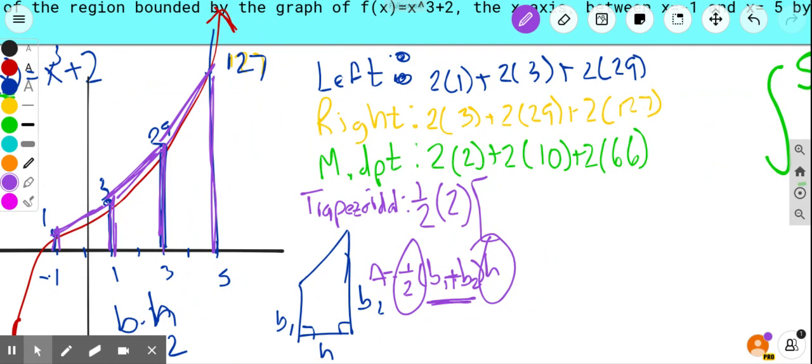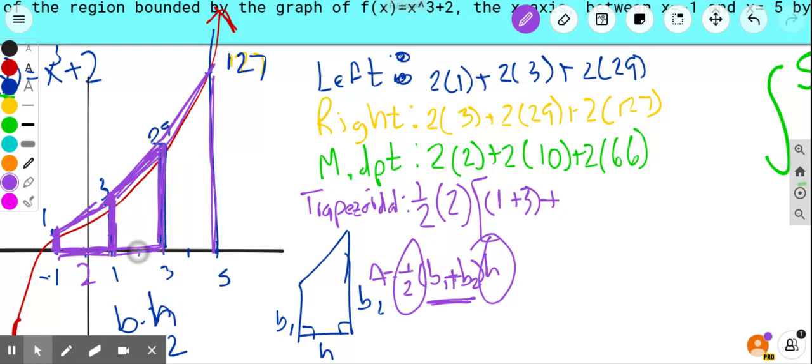For the first one, we're going from 1 all the way to 3. So base 1 is 1, base 2 is 3. Then that would get multiplied by the 1/2 and the 2 here, because that's the height. Plus, the next one, we'd have the 1/2, but now we're starting at 2, going all the way to 29.